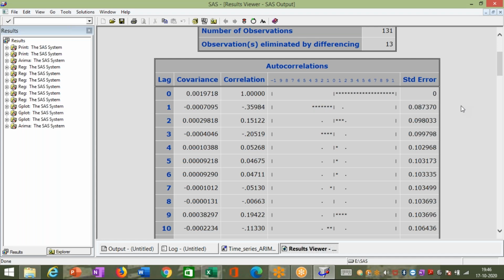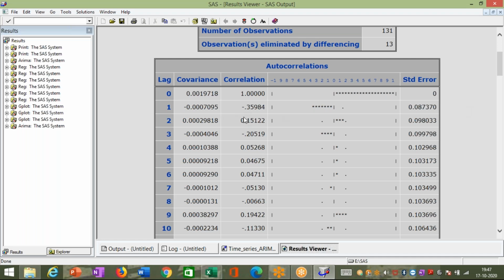That continuous positive correlation which was there across all the time points, now we can see they are alternating between positive and negative across different lags. That continuous positive characteristic was because of the existence of the trend in the time series.